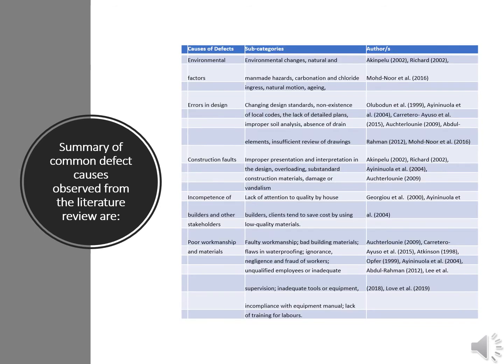In this slide, the defect causes are grouped in a table, which are collected from different literature reviews. The defect causes are environmental problems, design errors, construction faults, incompetence of builders and other stakeholders, poor workmanship, and low quality use of materials and machinery, which are observed to be common causes of the defects.